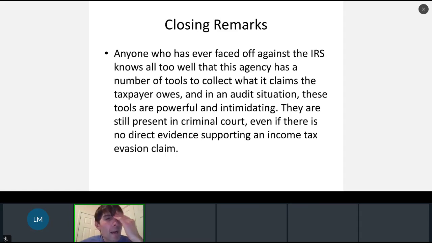I'd like to make one side note here. We talk about DOJ Tax being the prominent arm of the Department of Justice that handles these prosecutions. They are comparatively small, and so their edict, if you will, is to really maximize the deterrent value of prosecuting individuals for tax evasion. As you can imagine, they go after big fish, not small minnows.